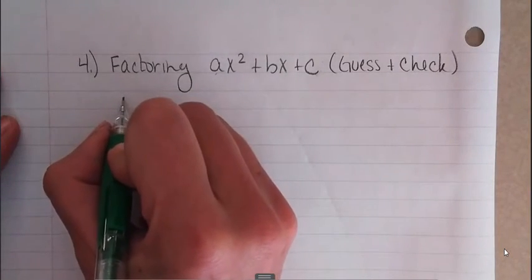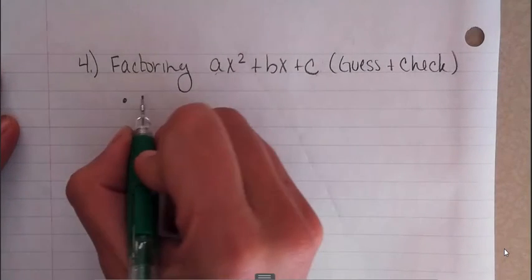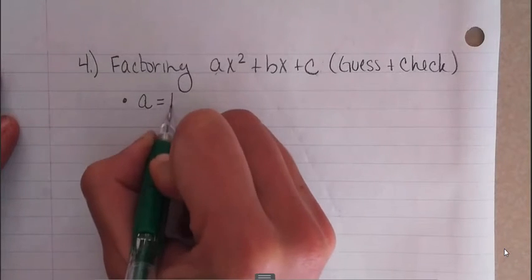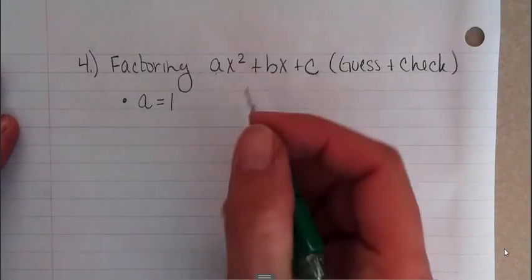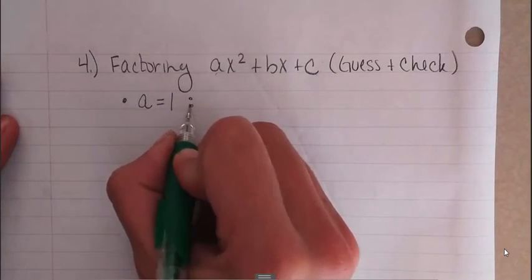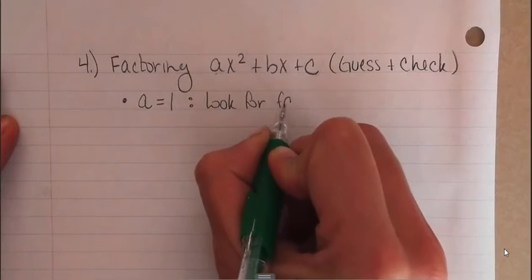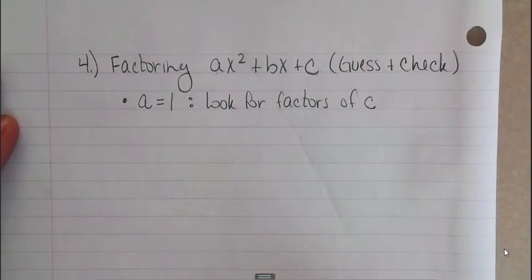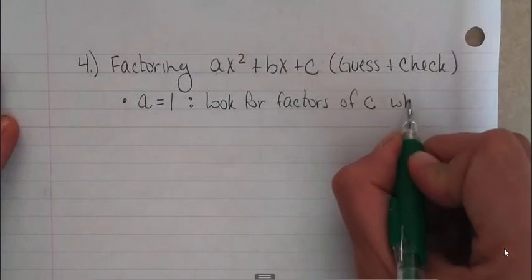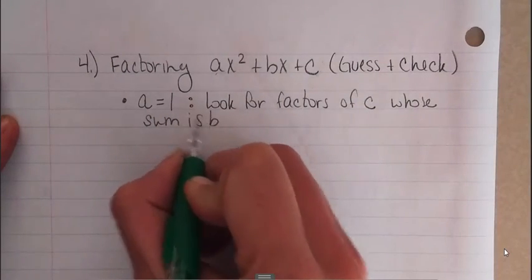So let's start with our first case of this. Let's see, I'll put a bullet mark. Okay, so this is when a equals 1. Now this is the easy one, okay? So when a equals 1, what you're going to do is look for factors of c whose sum is b.